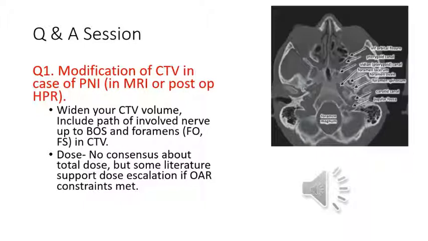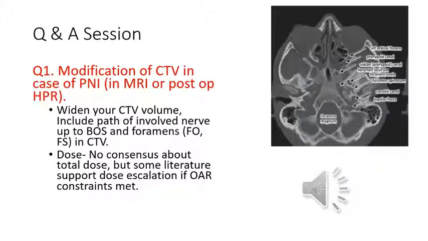But even if you do not follow that, if the histopathology is showing some kind of perineural invasion and you cannot make out where it is, widening your portals or your target volumes generously is a better idea.